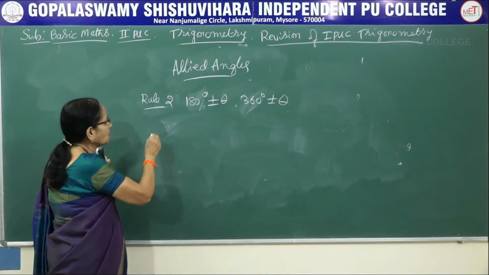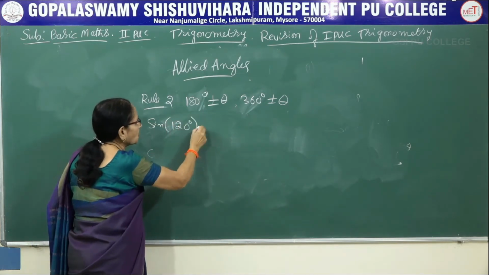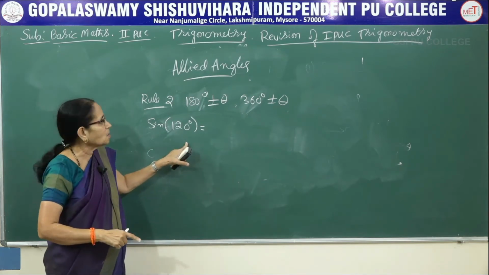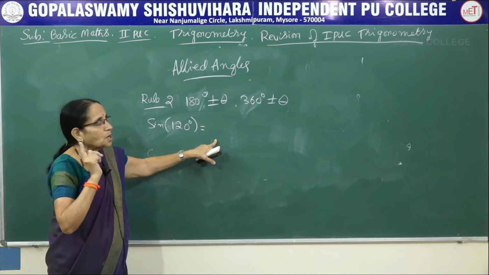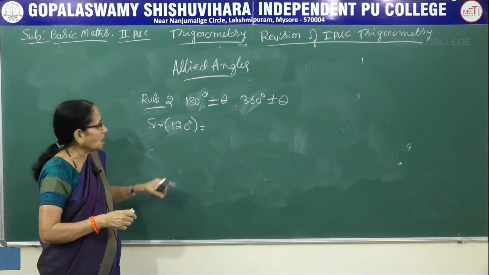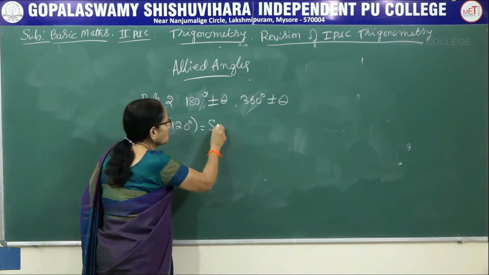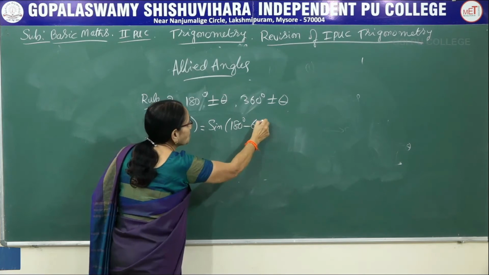Now, I'll take the same example. Sine of 120 degrees. Just now I considered this one. I had written earlier 90 plus 30. Using the first rule, I got the value cos of 30, whose value is root 3 by 2. Now, sine 120, I am using this rule. How do you write this one? You can write it as 180 minus 60.